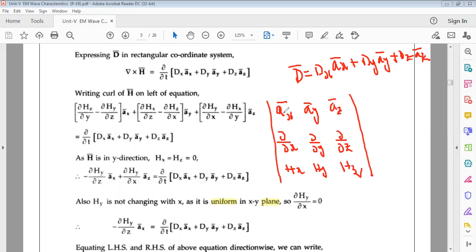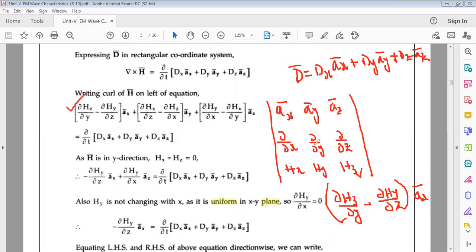First of all, you can take the ax bar as ∂Hz/∂y minus ∂Hy/∂z into ax bar. This is the first term, understood here.